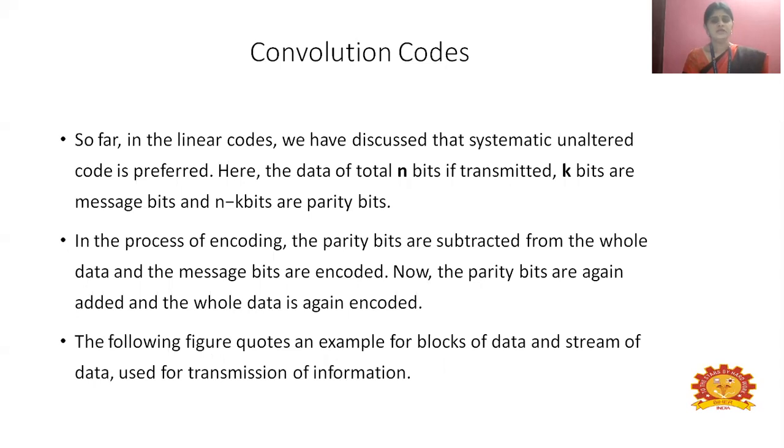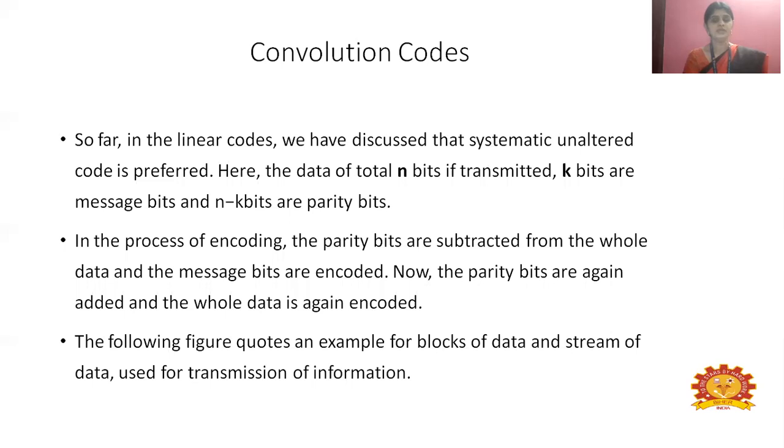Next one, convolutional codes. In the linear codes, we have discussed that the systematic unaltered code is preferred. The data of total n bits is transmitted. In this, k bits are message bits and n minus k bits are the parity bits. In the process of encoding, the parity bits are subtracted from the whole data and the message bits are encoded.